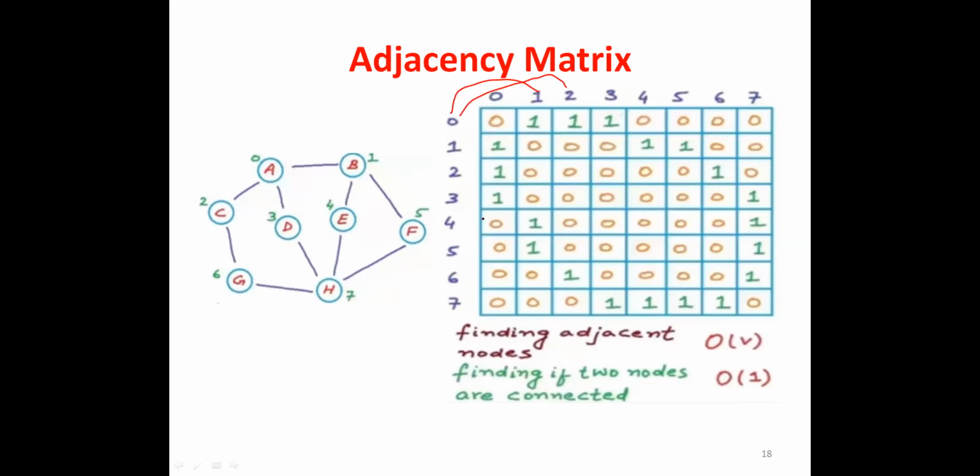Don't compare with this graph because this is an undirected graph. So here A is connected to B, A is connected to D, A is connected to C. Only these 3 cells are utilized efficiently. What about the remaining? It is 0, right? So it is a waste of storing the element 0.